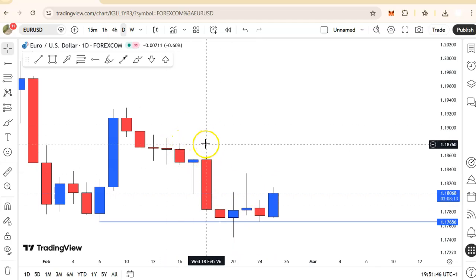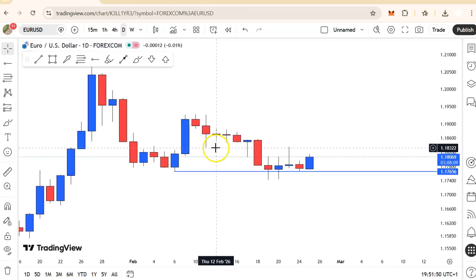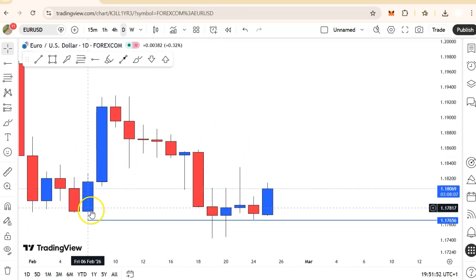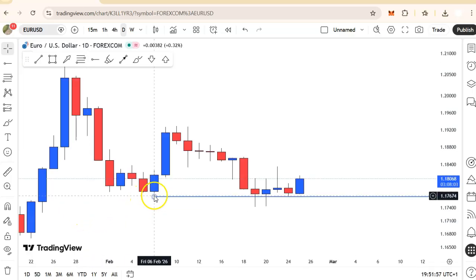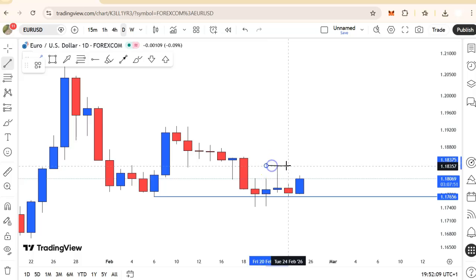Now on the daily, what we already said during the weekly video, we said that this area is very important. As you can see, these previous lows were swept. Market found a bit of support here for the last couple of days, and then this week on the 23rd of February, market formed this kind of a lower high here.